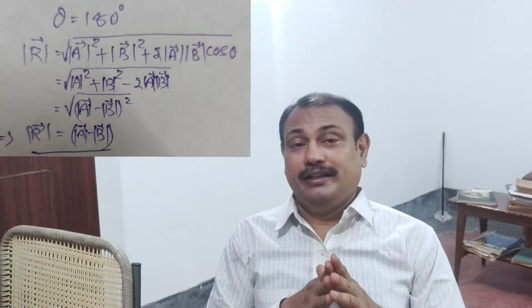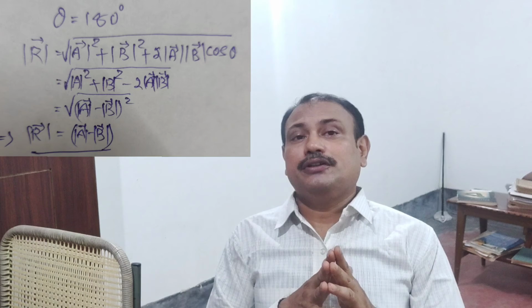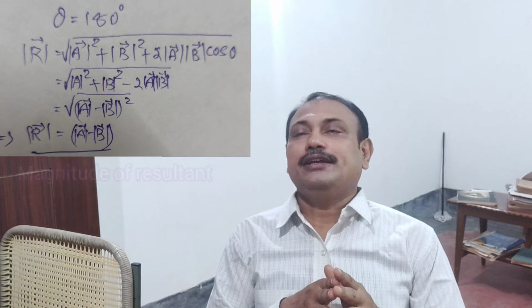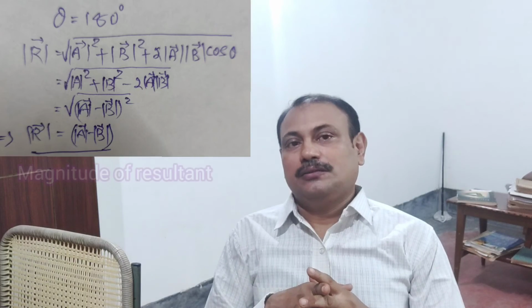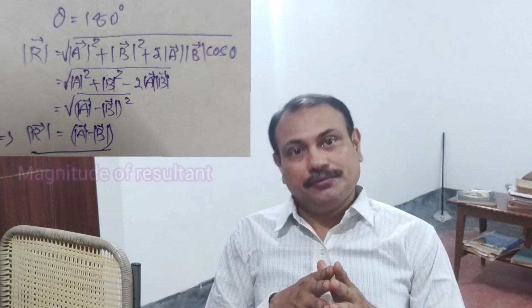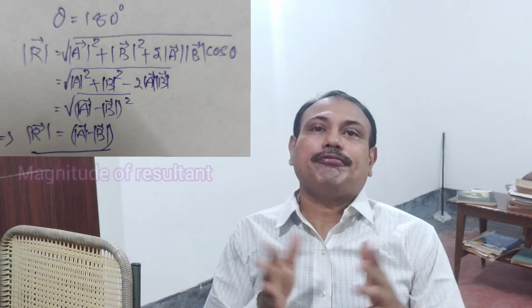We get the value of A minus B when theta is equal to 180 degrees, that is, when the angle between the two vectors is 180 degrees, you are getting the difference of the two vectors. But that is not a case of vector subtraction. In fact, vector subtraction is not a fundamental rule of vector algebra.